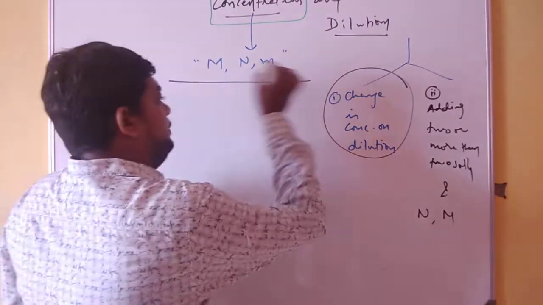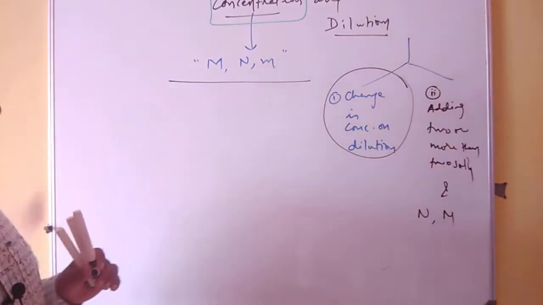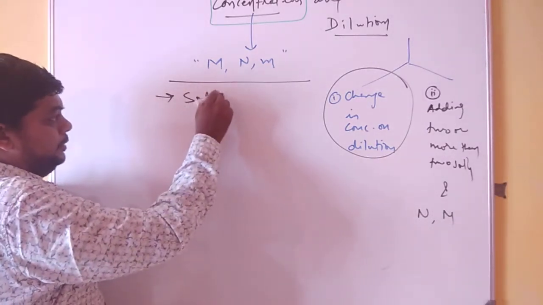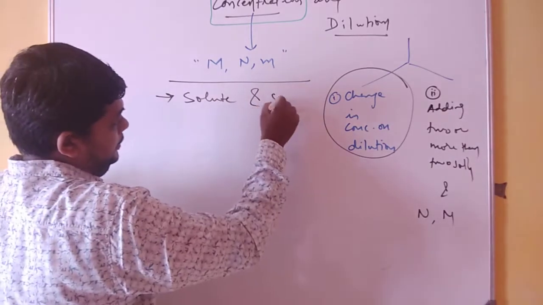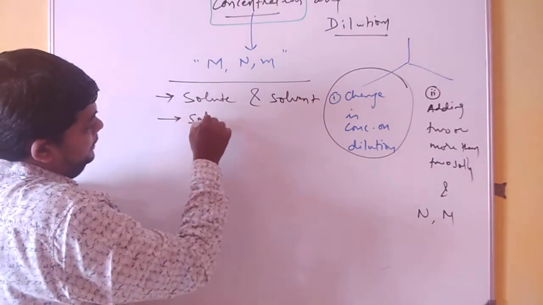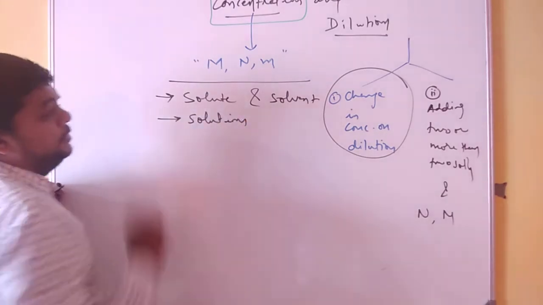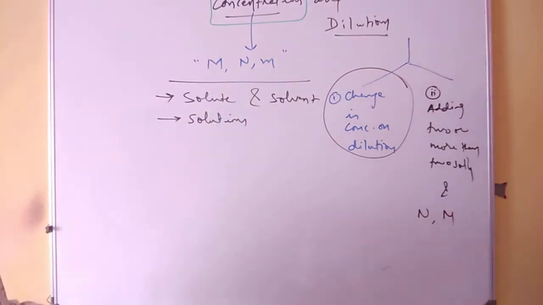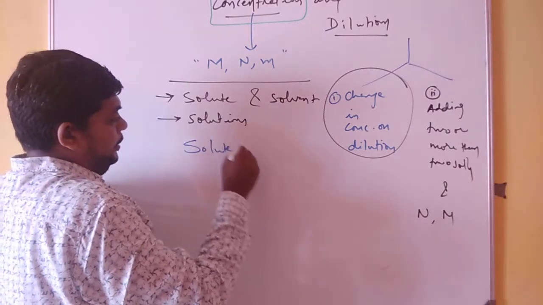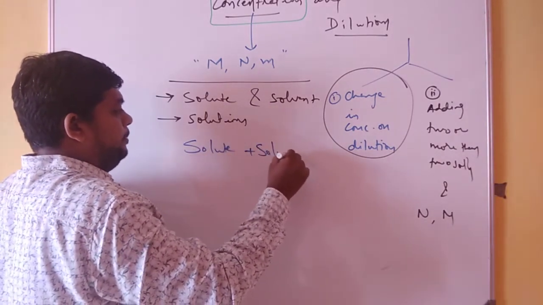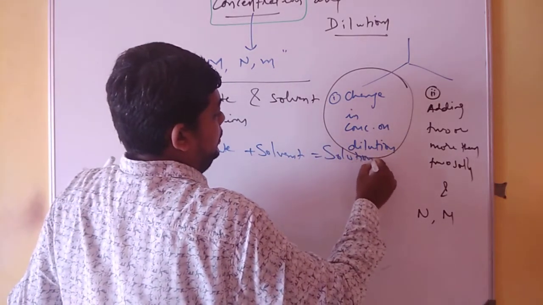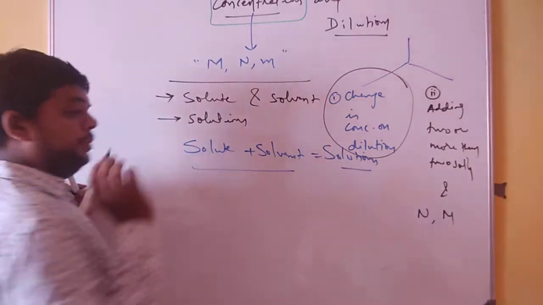Always in the numericals based on concentration, you must focus on two aspects. One is solute and solvent, and the second one is solution. Apart from this, always keep in mind the very simple equation, that is solute plus solvent is solution.